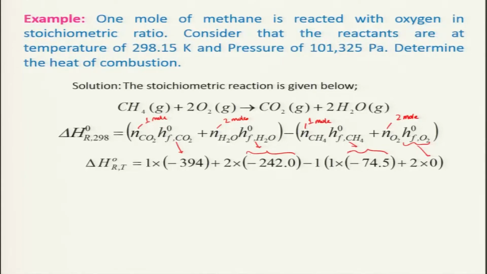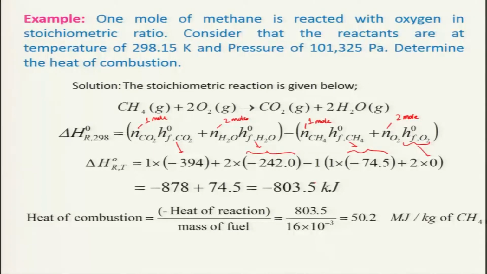So, when you substitute these values, you get something like 803.5 kilojoule of heat released for burning 1 mole of methane. Heat of combustion is basically the heat of reaction, and this is a negative value because it is an exothermic reaction. We take the modulus of this divided by the mass of the fuel, and we get something like 50.2 megajoule per kg of methane.